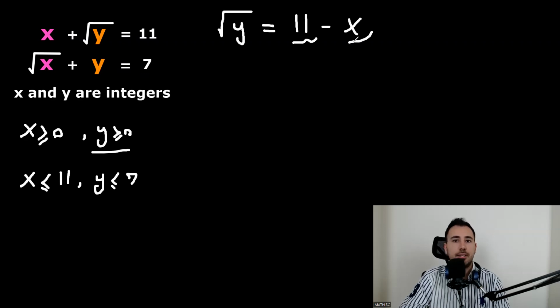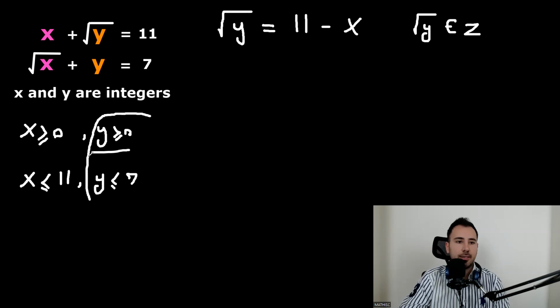But you could see here, x is also an integer, right? So that means 11 minus x is an integer. So the square root of y is also an integer.